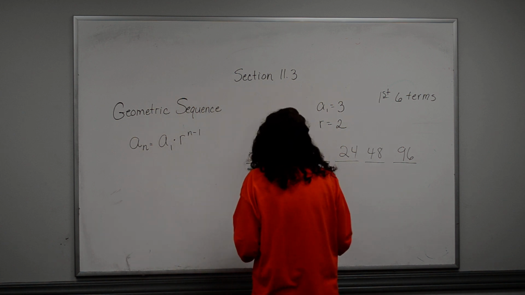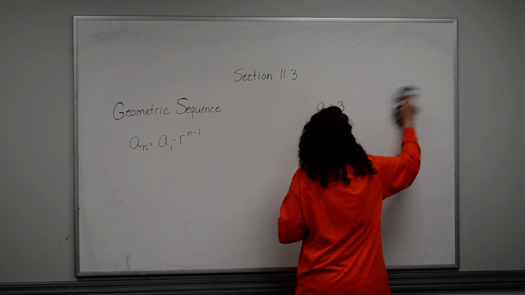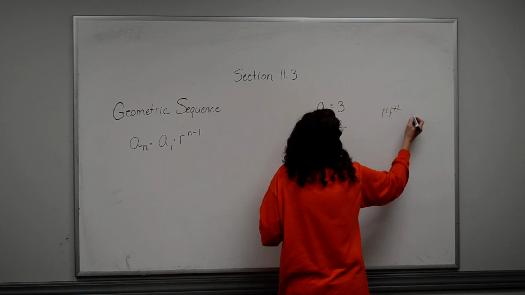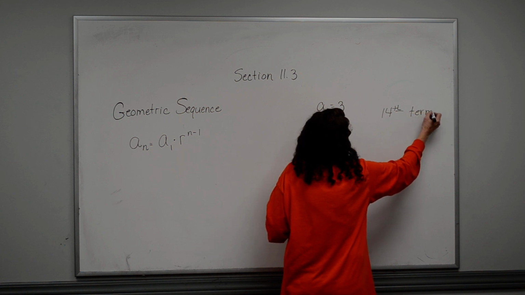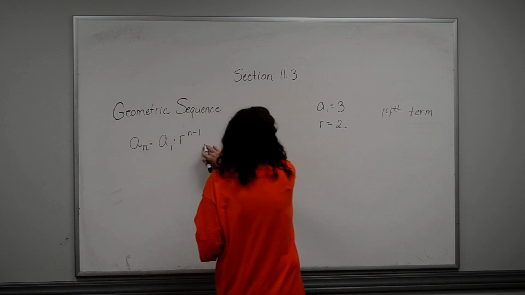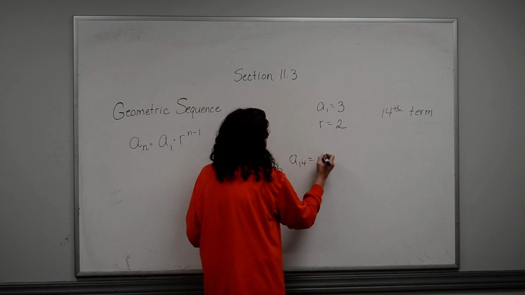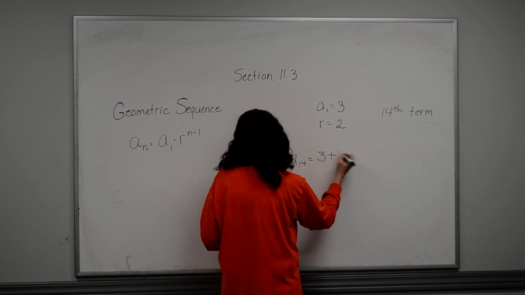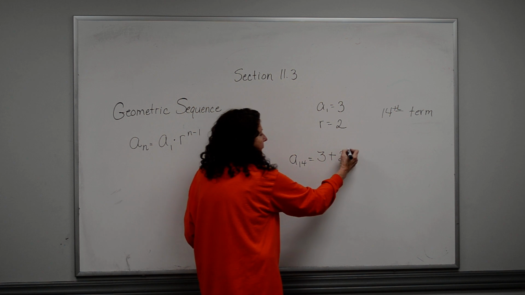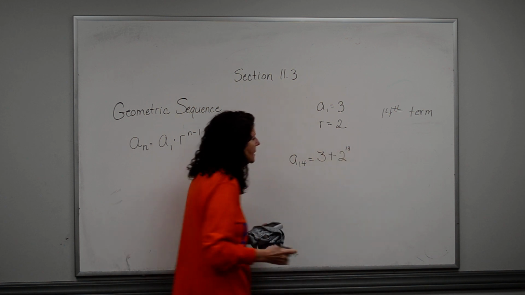They might ask you to use that information to find the 14th term. Now again, you could write down 14 blanks and work through it, or you could use this formula. So a sub 14 is equal to 3 times the common ratio they've given me, 2, and up here is going to be your n minus 1, so that's going to be to the 13th power.